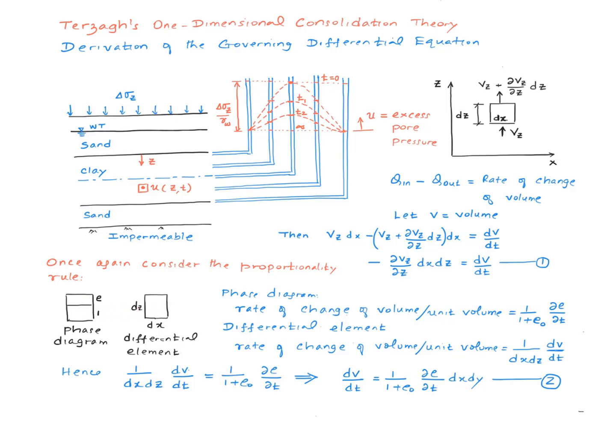So we find the equivalence between the two. So you go through this analysis and you find that the rate of change of volume is then given by this equation where on the right side we have 1 over 1 plus e naught multiplied by de over dt times dx times dy. So at this point we just call this equation number 2.